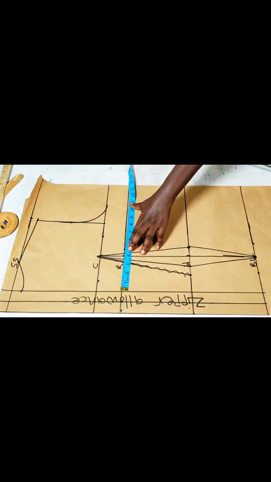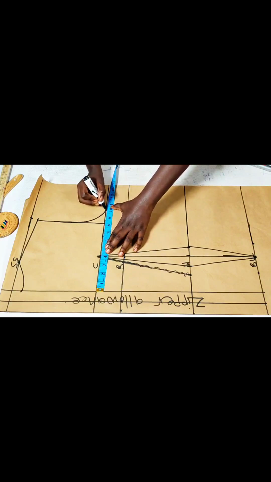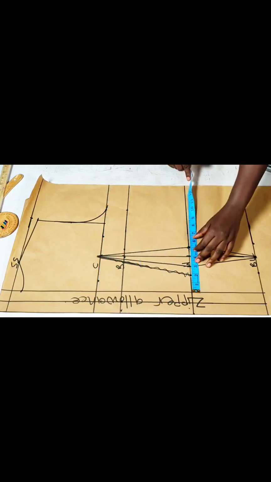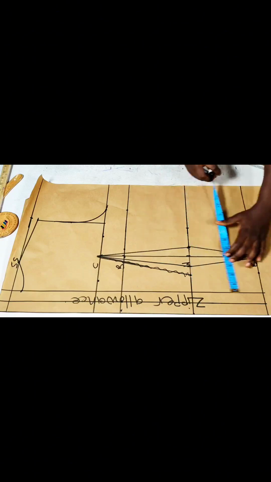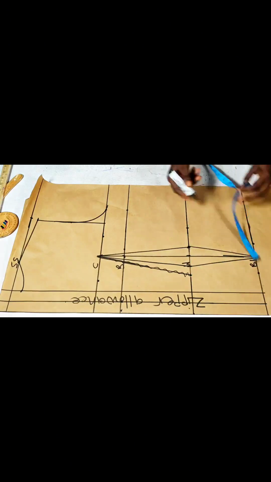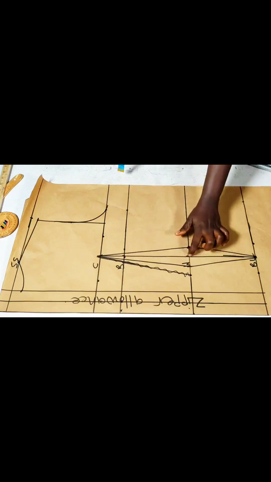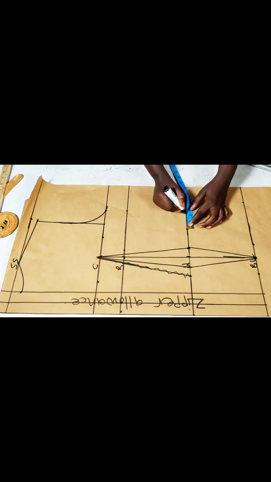Now it is time to input your circumferences. Divide your bust by 4 and input whatever you get on your chest line and on your bust line. Then divide your waistline by 4, and whatever you get, you mark the same. Same for your blouse length, you divide your hip by 2.